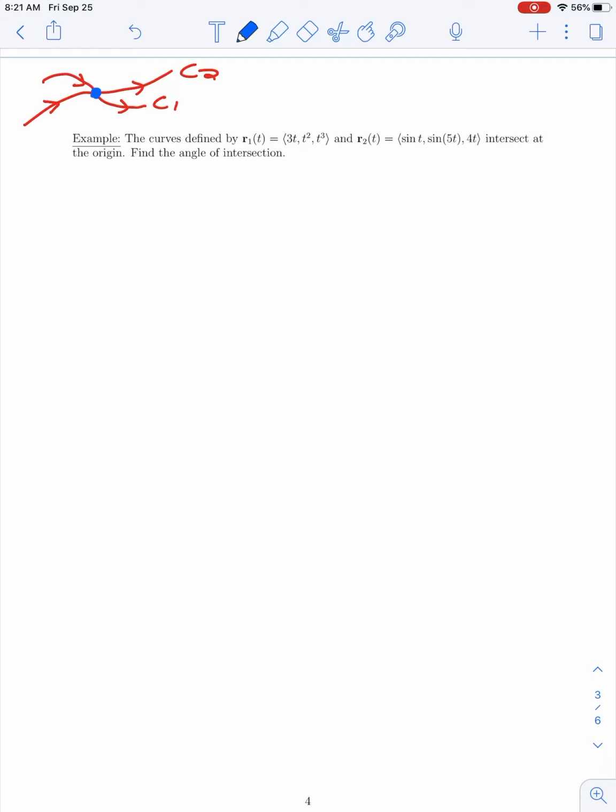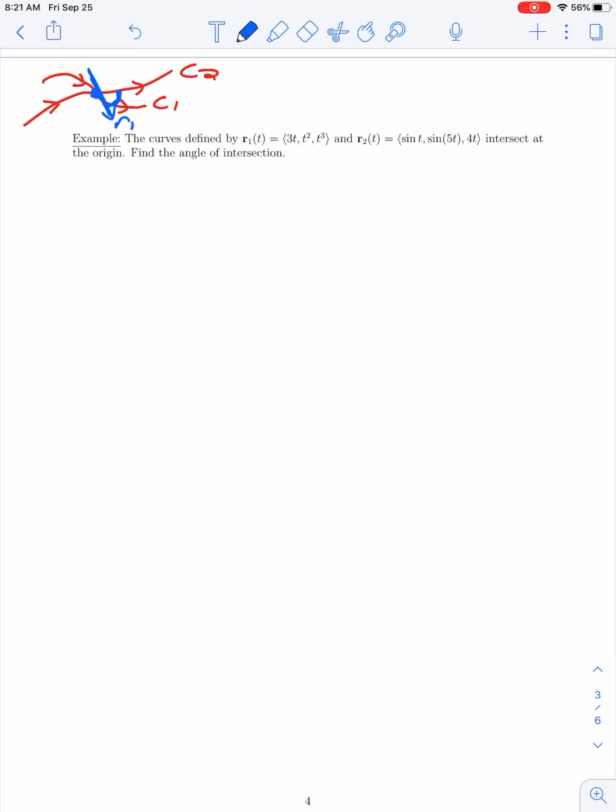So if I want the angle of intersection of these two curves, that is the angle at that point where they are intersecting, let's think about how we could find it. So I know for any space curve defined by a vector function how to find its tangent vector. So for the curve C1, I could find this tangent vector.